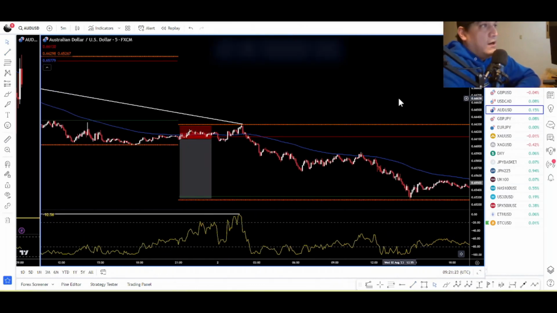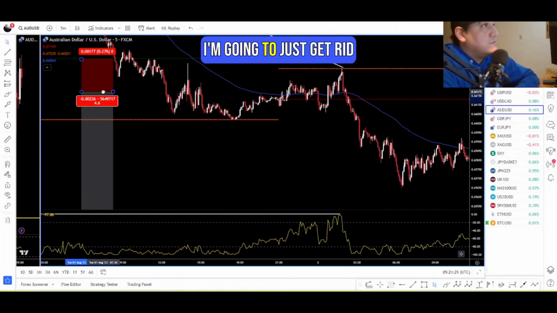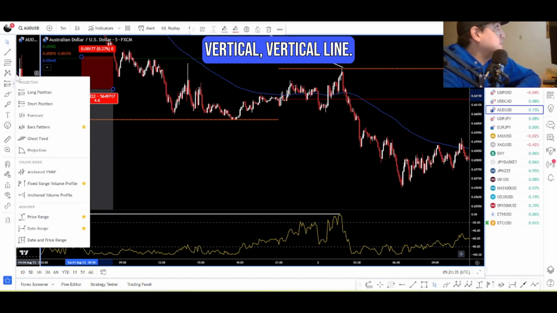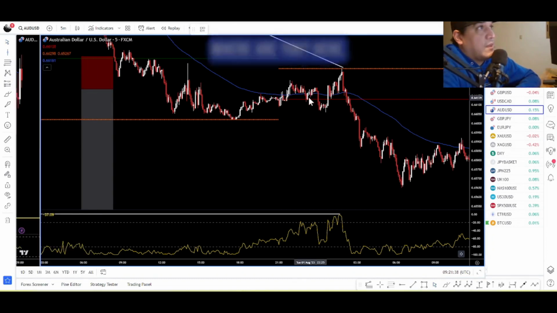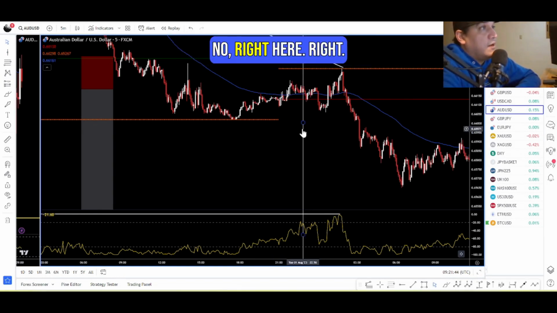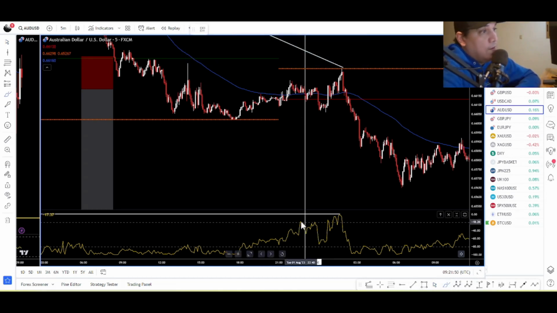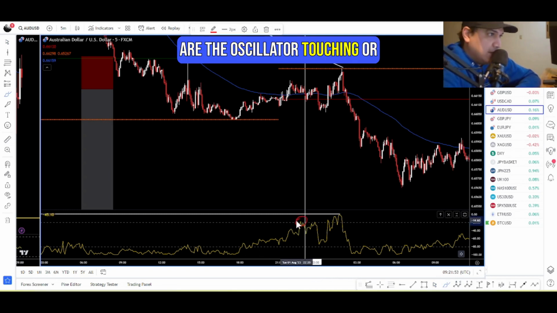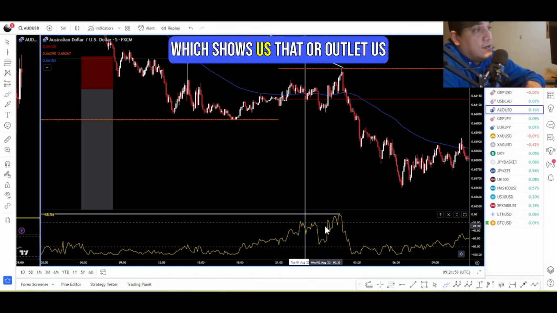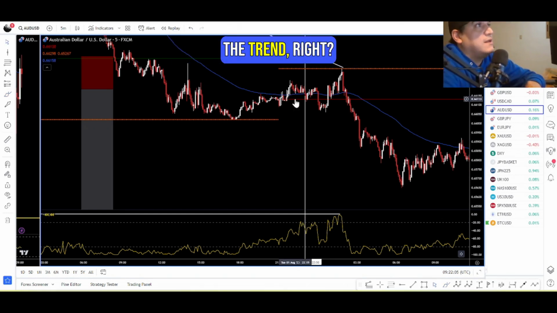Right here, we are looking at the oscillator touching or jumping above that line, which alerts us that price might reverse to the downside and continue with the trend, right?